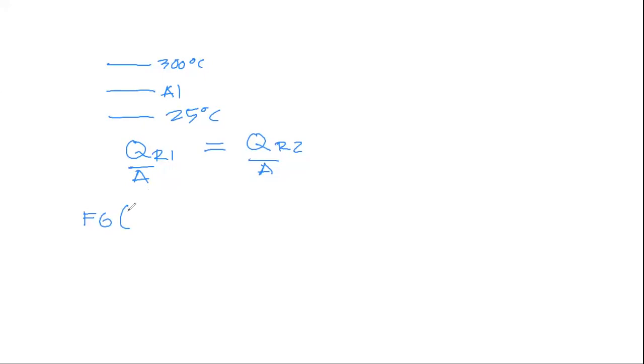Gawin ko ng 300 plus 273. That would be 573.15 to the fourth minus yung temperature ng aluminum to the fourth. Okay? Tapos this is equal dun sa F times yung Stefan-Boltzmann constant, times yung, siyempre aluminum yung mas mataas, to the fourth, minus yung 25 plus 273, this is 298.